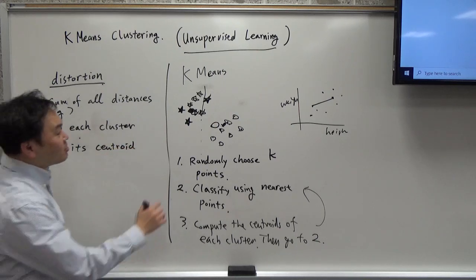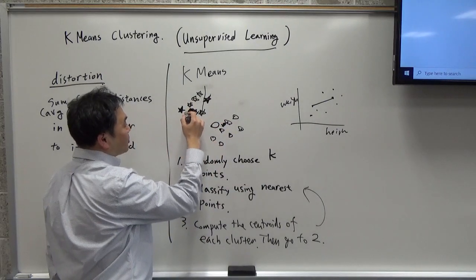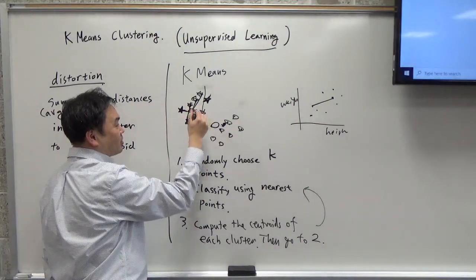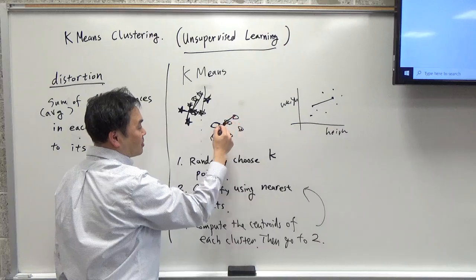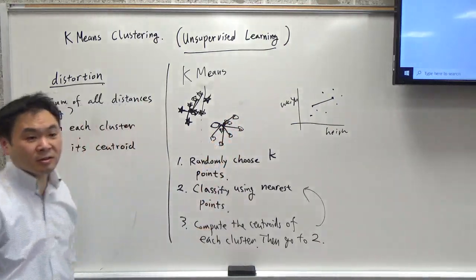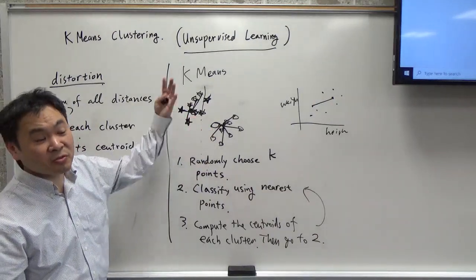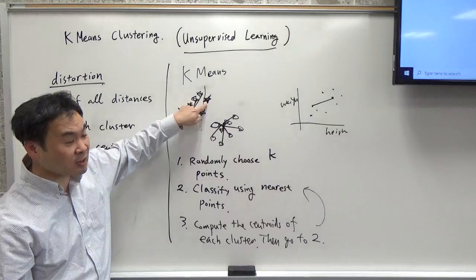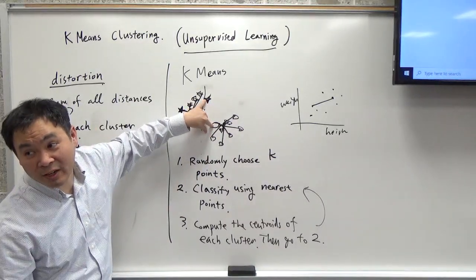So at this moment right here, the distance between each point to the centroid, that's the distortion. Okay? And of course, if you think about one iteration before, when this was misclassified, you would have this kind of distance, which is quite big.